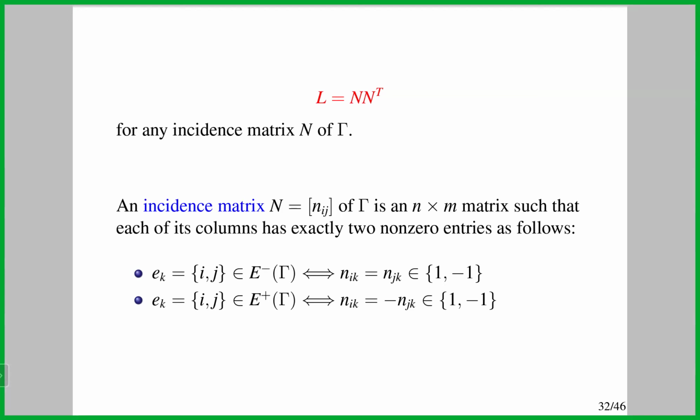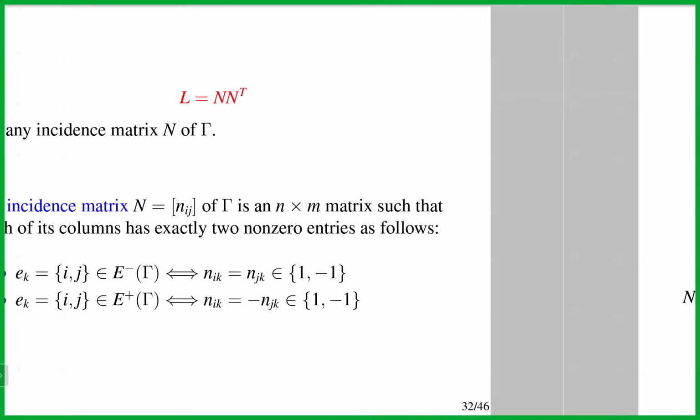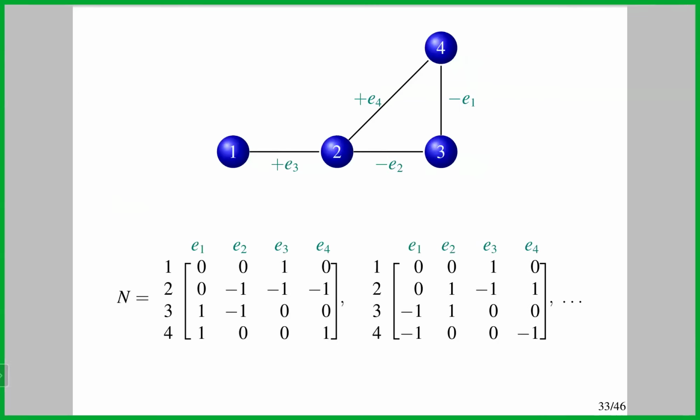Two choices. And if it is a positive edge, then n_ik is the negative of n_jk. That means n_ik and n_jk have opposite signs, but again they're 1 or -1, so there are two choices there too. Because of these choices, you have a lot of different choices for the incidence matrix.